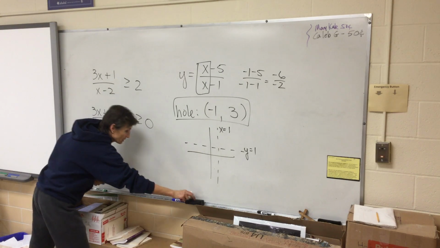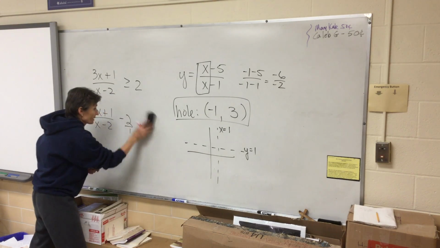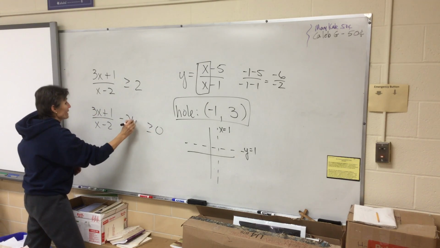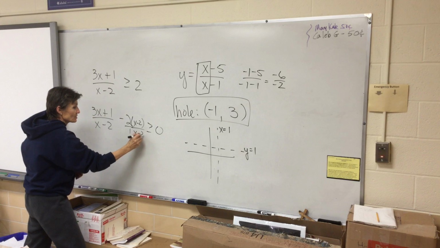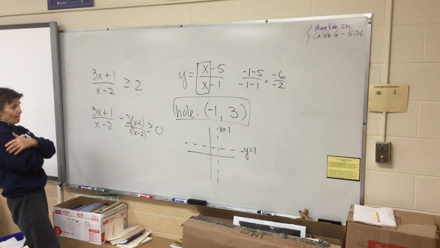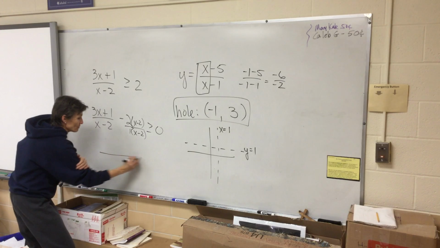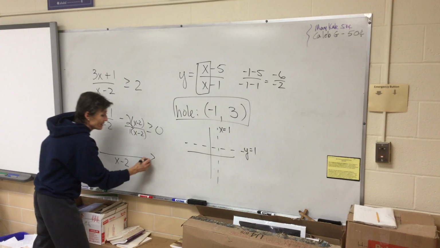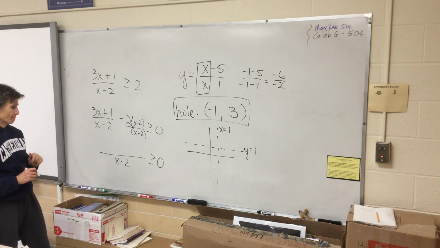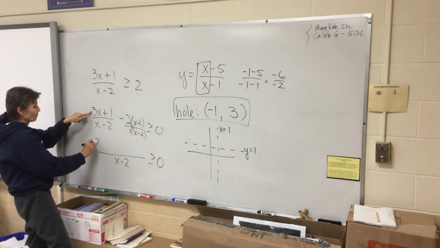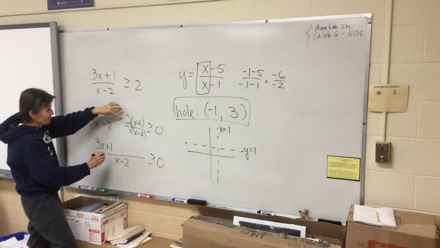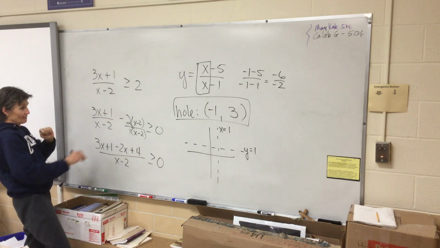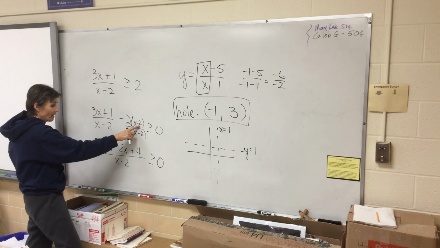We are going to multiply this thing right here by x minus 2 over x minus 2. So now the denominators match. I can write one giant fraction, and my numerator, 3x plus 1, be careful, minus 2x plus 4, be careful, negative 2x, positive 4.